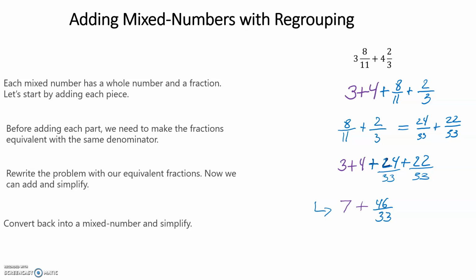Now, what is wrong with that fraction? That is an improper fraction. The numerator is bigger than the denominator, so that means it's more than a whole. So I need to convert that 46/33 into a mixed number.